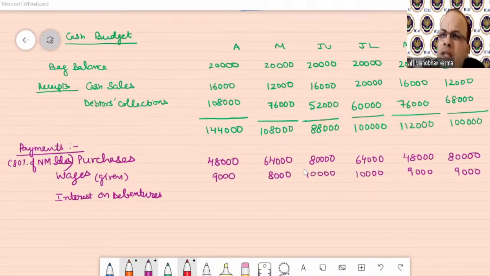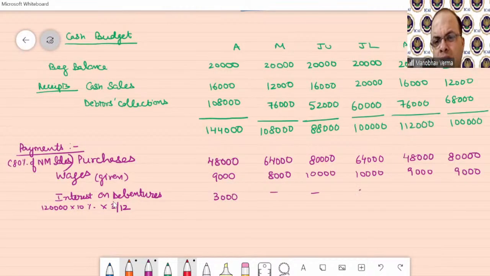Are we looking at 3,000 every quarter? So that means 1,20,000 into 10%, that is for quarterly. Let me check what was the date. So January, April, and so on. That means the next one would be July probably. So for us, this is a 3,000. There is nothing going in, and there is a 3,000 here. Guys, I hope everyone is with me on this.